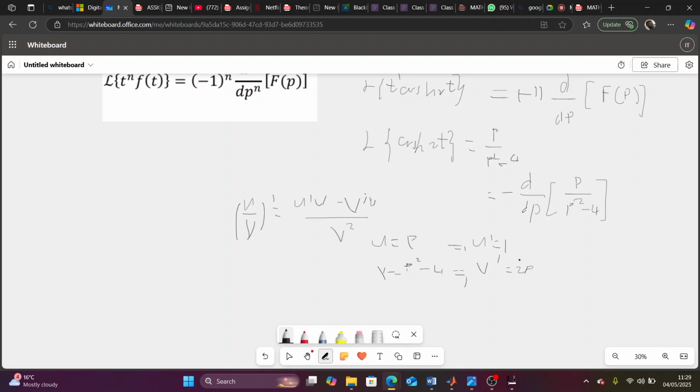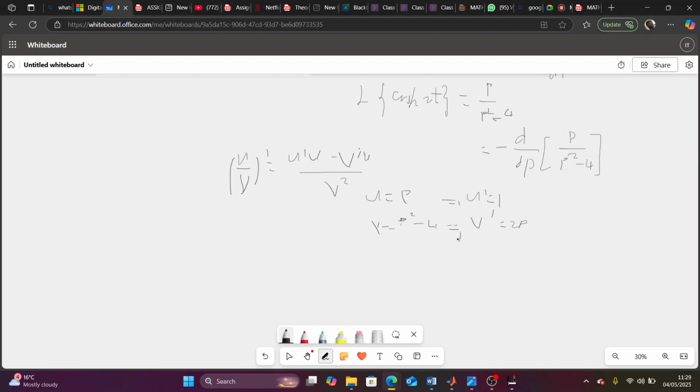So we can now apply the formula. We don't have to forget the minus in front. Now we have u prime v, u prime is 1, v is p squared minus 4, minus v prime u, which is 2p multiplied by p, that is 2p squared.